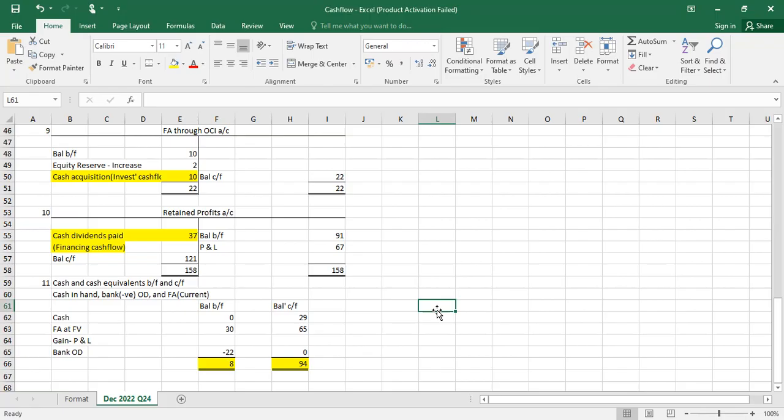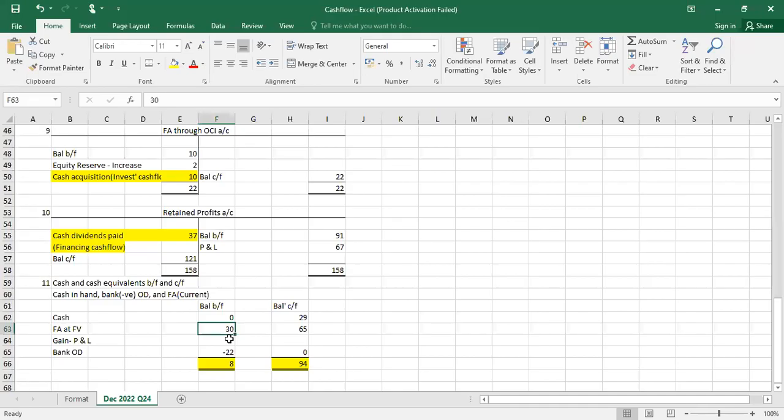So let's agree. When these assets gain value, the gain in value, we do add it to their figure brought forward. The brought forward financial assets, we had 30. When we adjusted them to fair value and they gained value by that 5 million, that increases their brought forward balance.